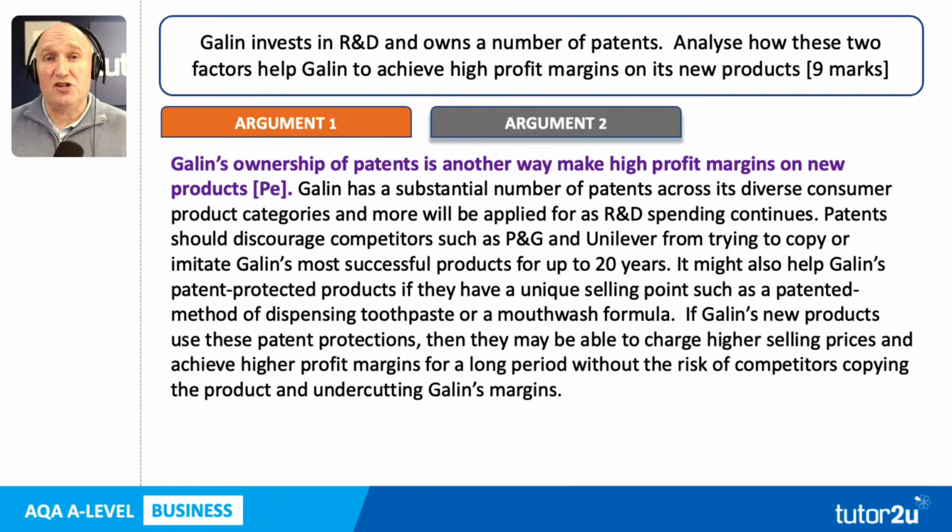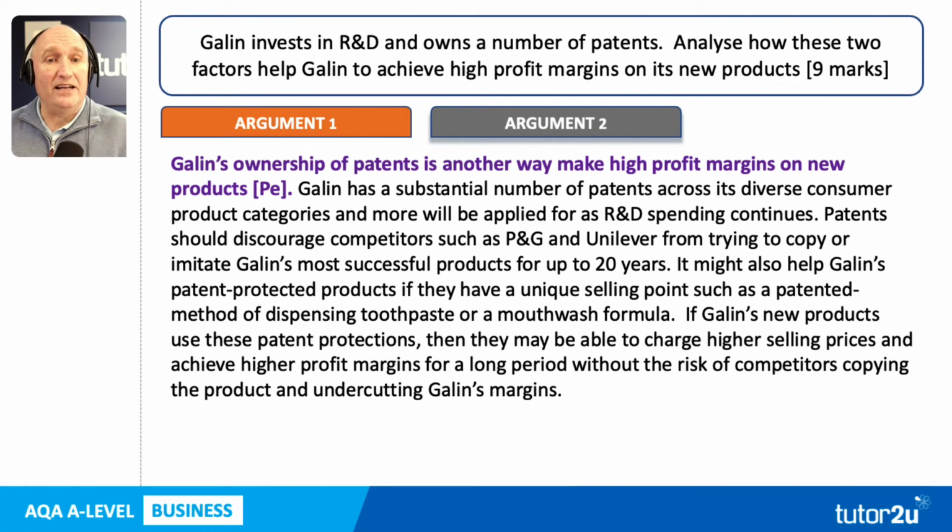Patents should discourage competitors such as Procter & Gamble, P&G, and Unilever from trying to copy or imitate Galen's most successful products for up to 20 years. So I'm showing I understand how patents provide you protection against imitation and copying for up to 20 years.